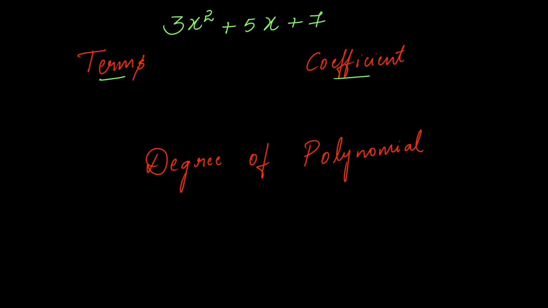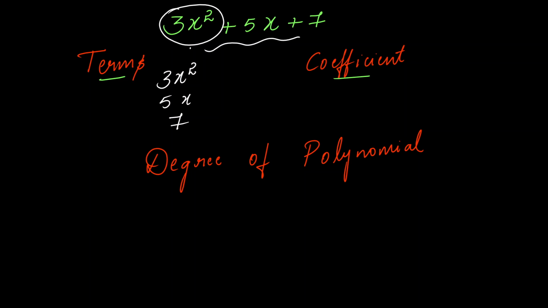Now, in this example, 3x square plus 5x plus 7, 3x square is one term, 5x is another term and 7 is the last term. So we have three terms here. Term means the expressions which are separated by plus or minus signs. So, this is called terms.